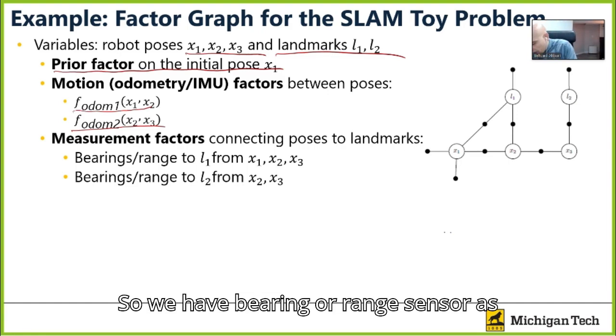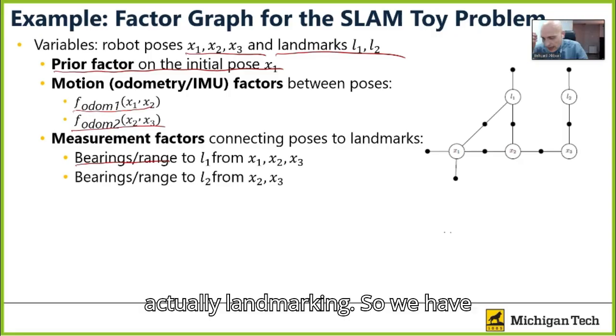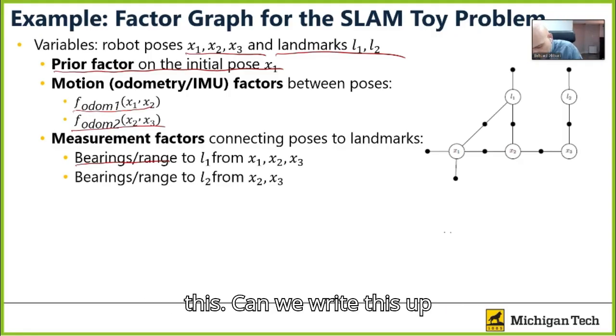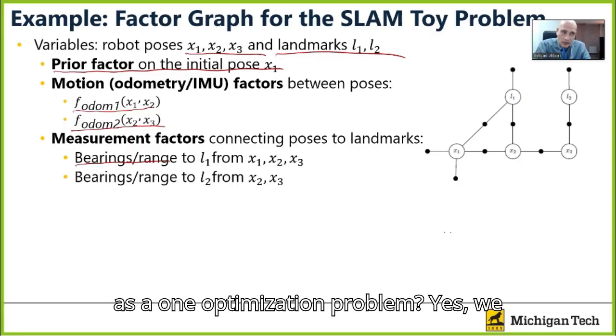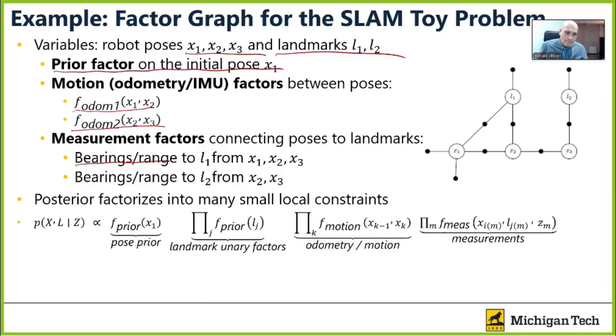So we have bearing or range sensors as well. This gives us obstacles around us or distance to landmarks. So we have this. Can we write this up as one optimization problem? Yes, we can. How? Like that.